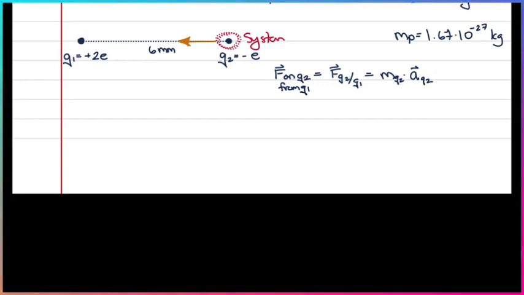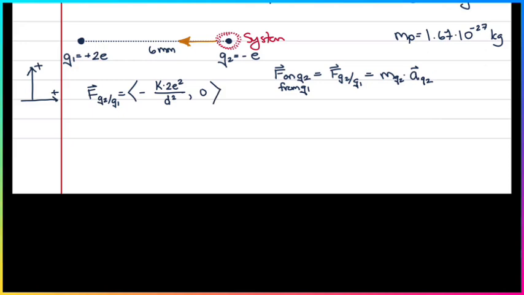Now, again, I can establish what direction is positive and which is negative, and I'll use the same directions as before, where up is positive, and to the right is positive. Which means I anticipate that this particular force that's drawn, since it points to the left, will be negative. And so the force on Q2 from Q1 is going to be negative k, that's 2e times e, so it's e squared over d squared.